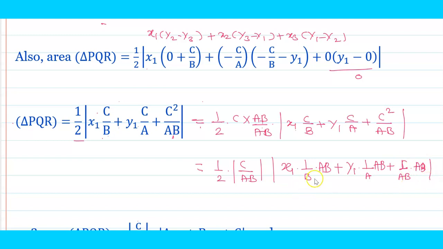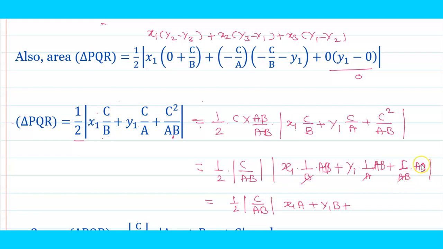Okay, now this B gets cancelled, and that's why here you will get 1 upon 2 in mod of C upon AB in bracket x1A. Next, A gets cancelled, plus y1B.